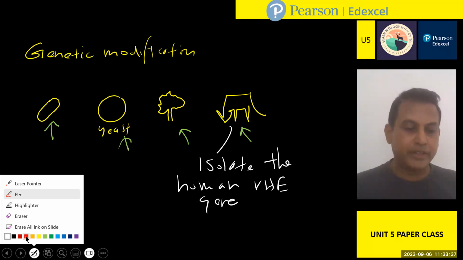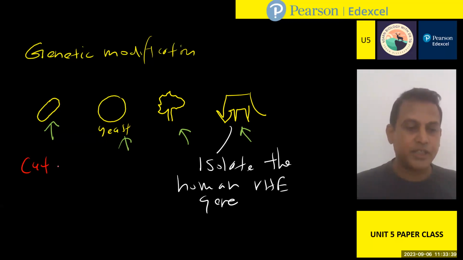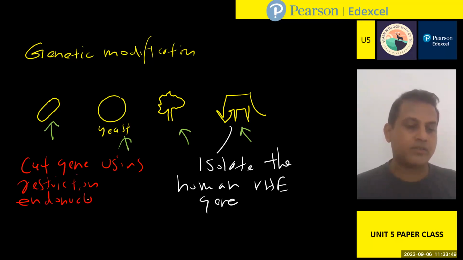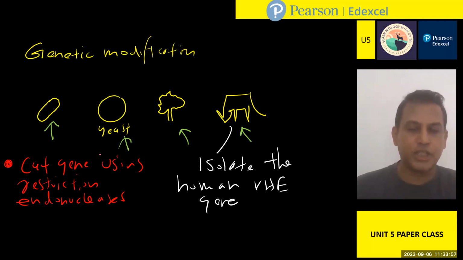We can cut this gene using restriction endonucleases. That's the first process, cut the RHE gene using restriction endonucleases.